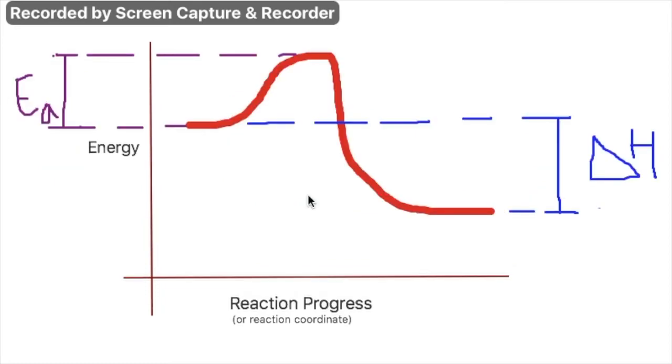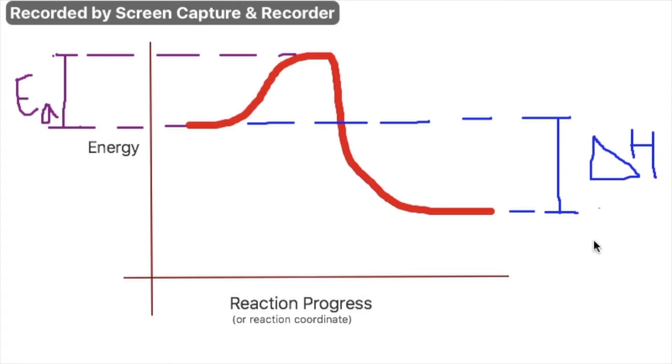Exothermic process. In an exothermic process, that means that more energy is released when the product bonds are formed than energy was required to break down the reactant bonds. So you can see that overall the amount of energy in the system decreases.